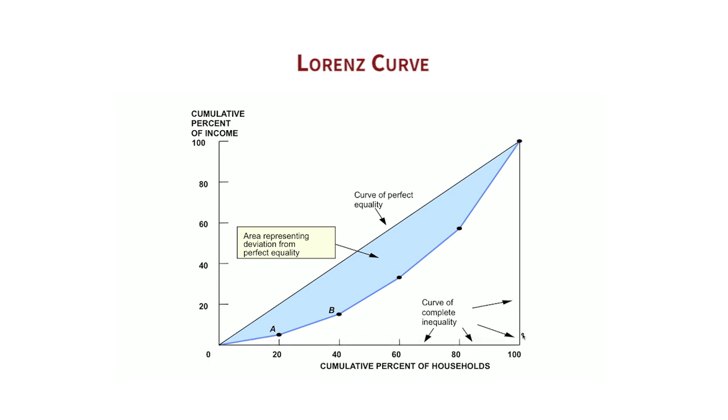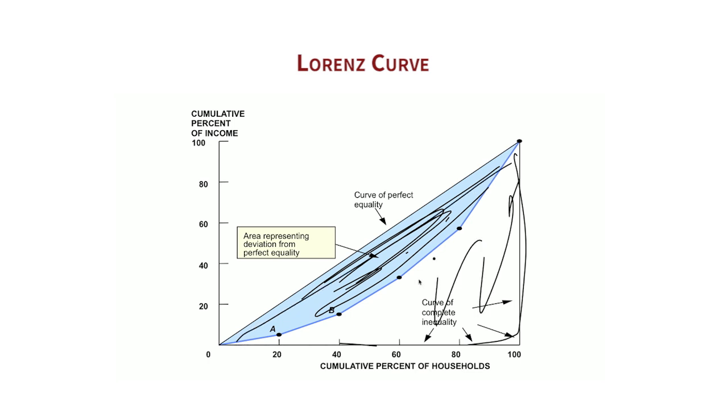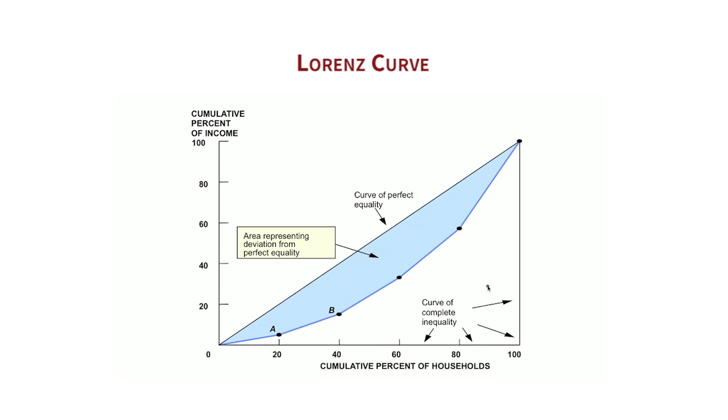So the actual distribution is between those two, and it gives you a way to measure the degree of inequality. In particular, there's something called the Gini coefficient, which is just representing the area in the blue region right there. If you take that area and divide it by the area of the total triangle, you get the Gini coefficient.